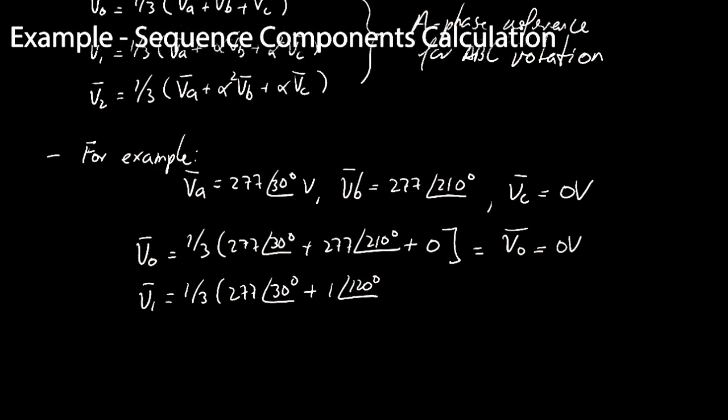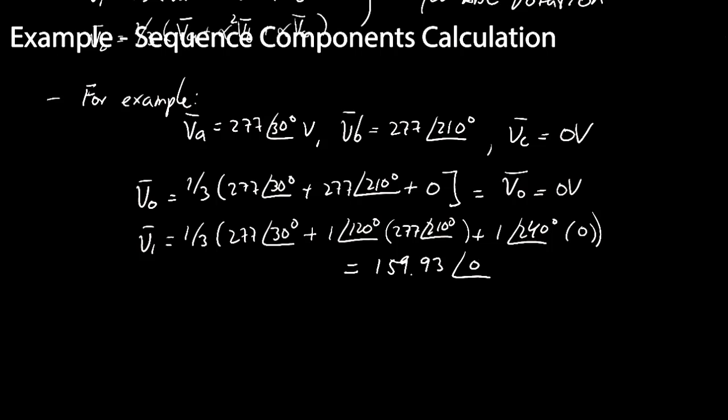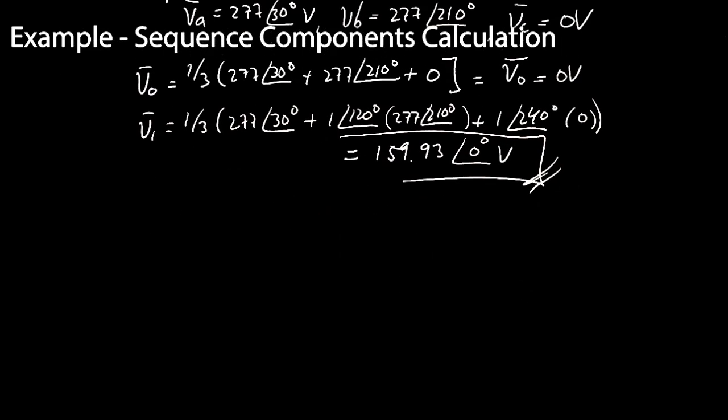So alpha, 1 at 120, times VB, which is in this case 277 at 210 degrees, plus alpha squared, which is 1 at 240, times 0, which is the C phase. So in this case, I get that the positive sequence voltage is equal to 159.93 at an angle of 0 degrees. So this right here is the positive sequence voltage.